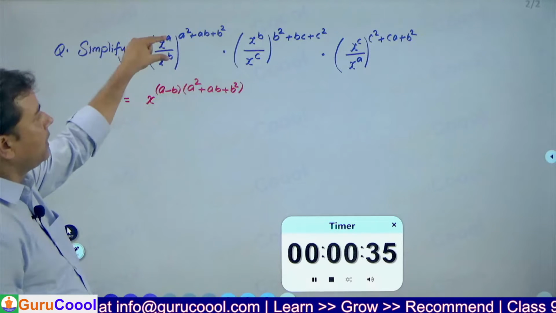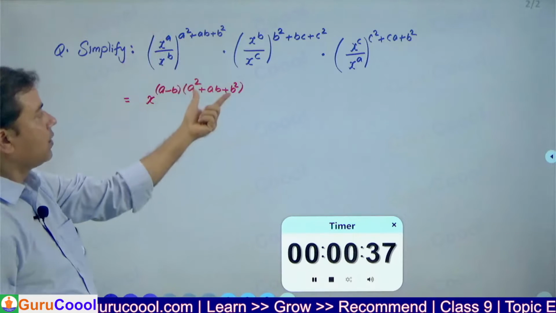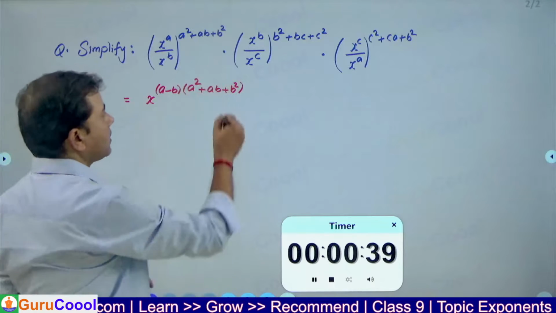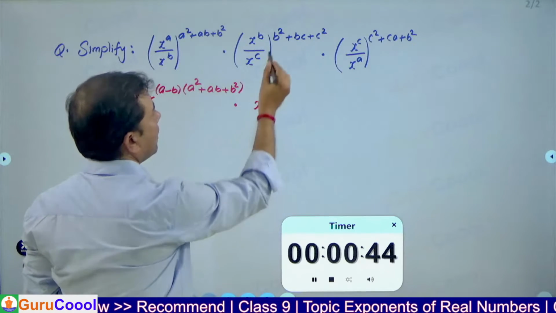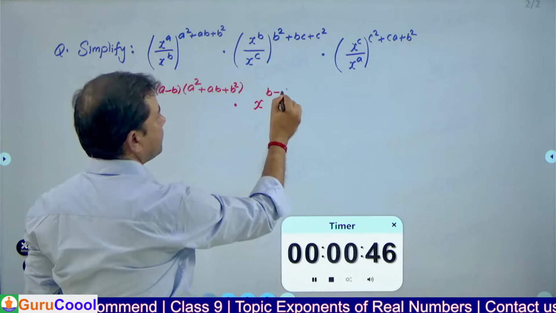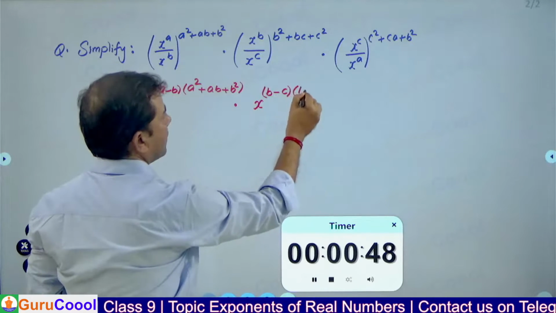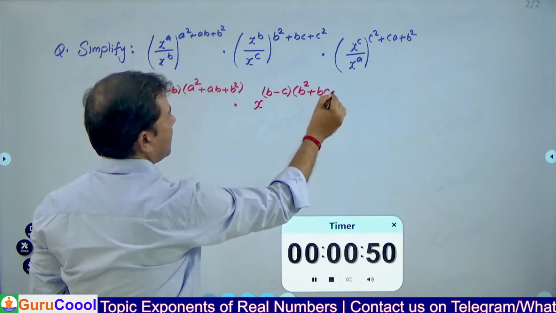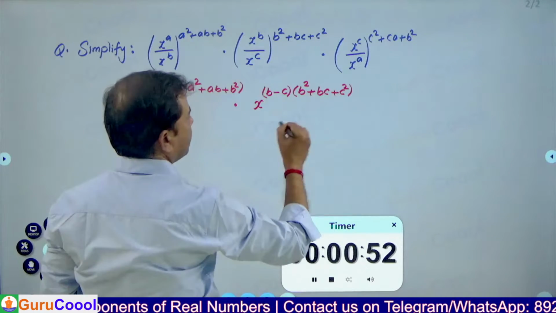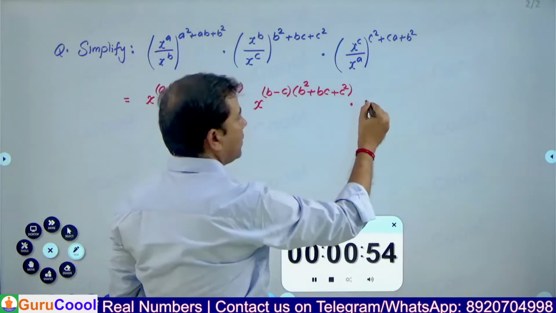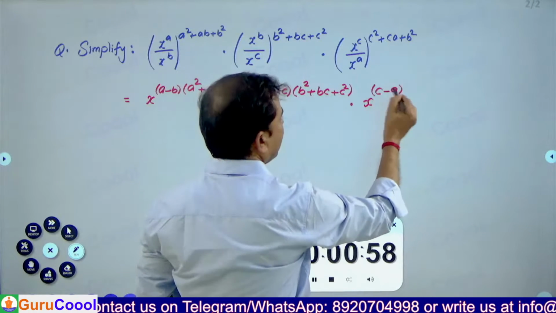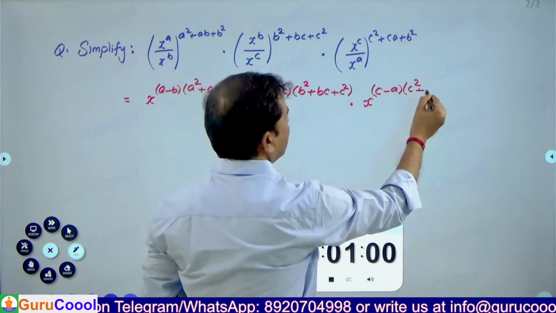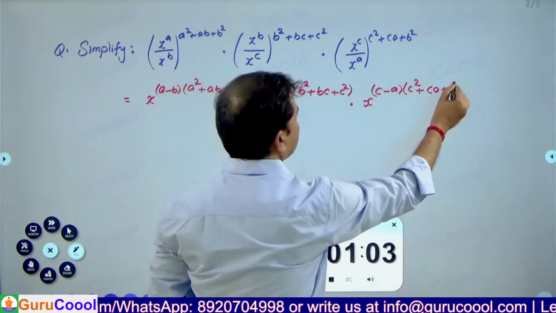So a minus b multiplies with the other power. Then the same will happen with the other two factors. Here b minus c with b square plus bc plus c square. Now comes the third one, x raised to the power c minus a into c square plus ca plus a square.